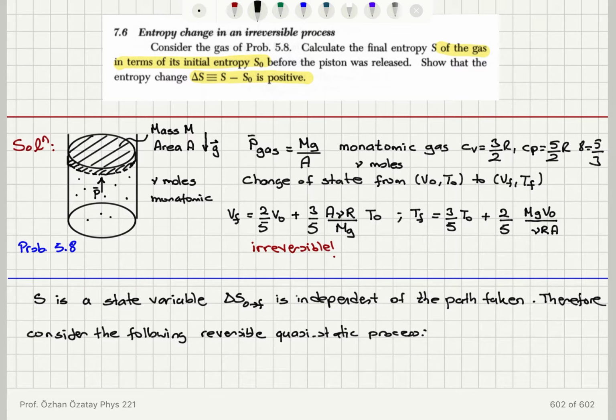So what I'm going to do is I will go from V0, T0 to first V final and an intermediate temperature T intermediate, and I'm going to do this using adiabatic compression.